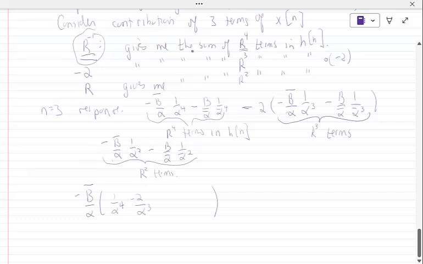And then the last term is going to be plus 1 over alpha squared. Okay. Then I'm going to have a minus beta over alpha bar. And then this becomes 1 over alpha bar to the fourth minus 2 over alpha bar cubed and plus 1 over alpha bar squared. All right. So this is for n equals 3.